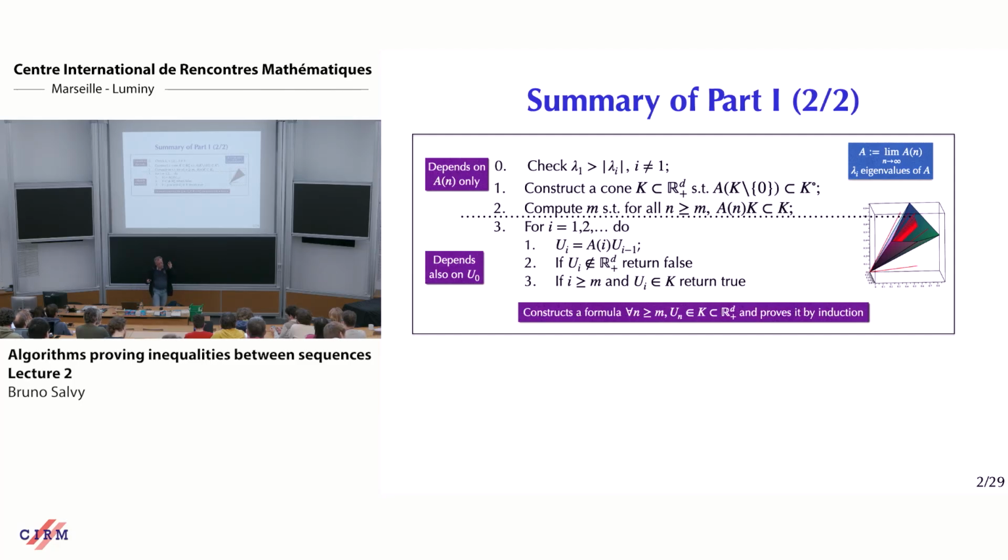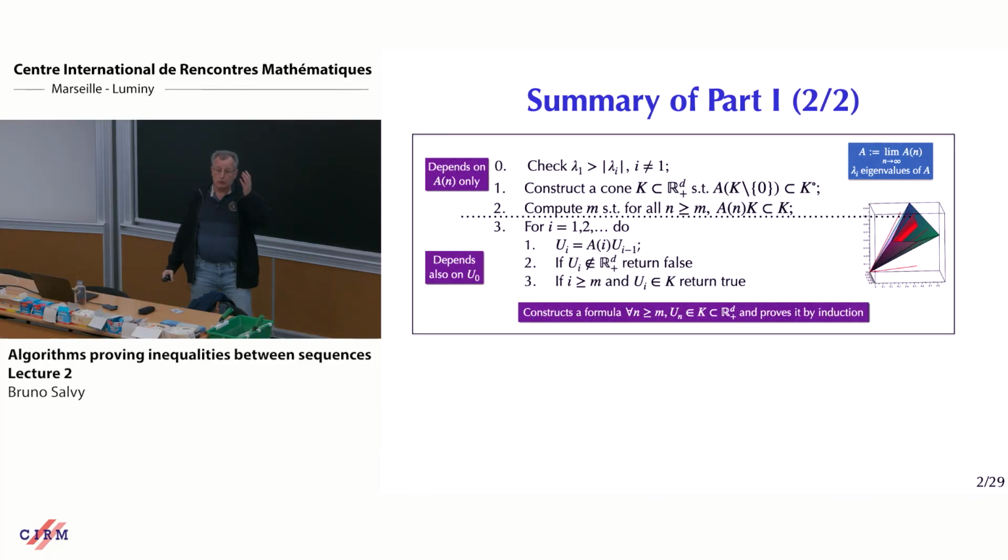And since the cone is contracted by A and A_n tends to A, for n large enough the cone is also contracted by A_n. So you compute an m such that for n larger than m, the cone is contracted by A_n. And then you just have to check the initial conditions. You start and look at whether they're positive or not. If they're not, you're done.